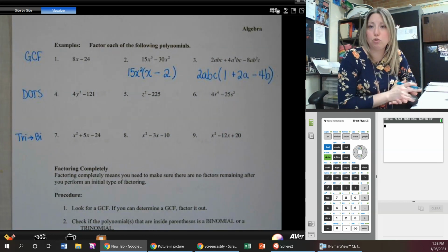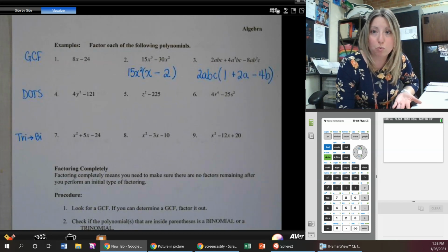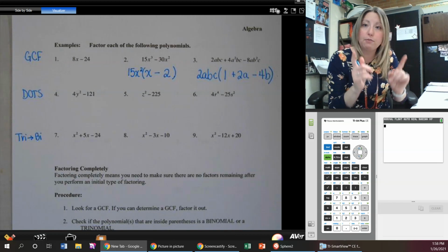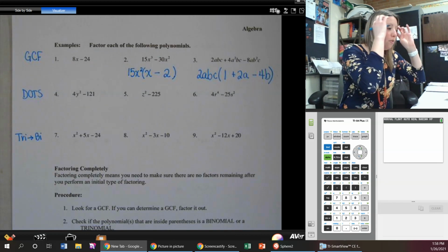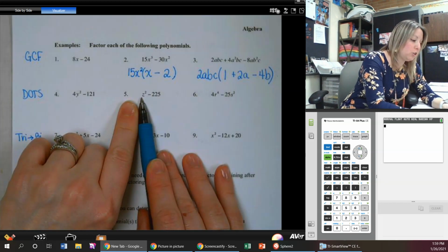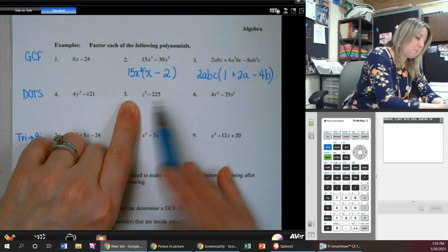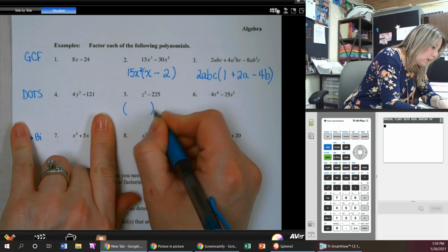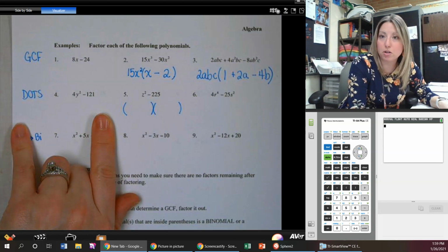For difference of two perfect squares, you have to have a perfect square minus a perfect square. So both terms have to be perfect squares and you have to be subtracting them. So in the case of number 5, z squared is a perfect square, 225 is a perfect square, and I'm subtracting them. That always factors the same way. Make 2 empty sets of parentheses to put 2 binomials in.